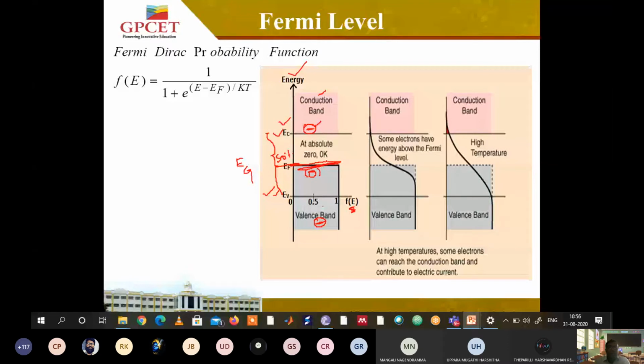Because while an electron is jumping from valence band to conduction band, all the electrons are filled at one level with 50%. So that level is called the Fermi level, right? It is given by EF. Fermi energy level is given by EF, F means Fermi, E means energy. So Fermi energy level is this one, which is occupied with 50% of electrons.